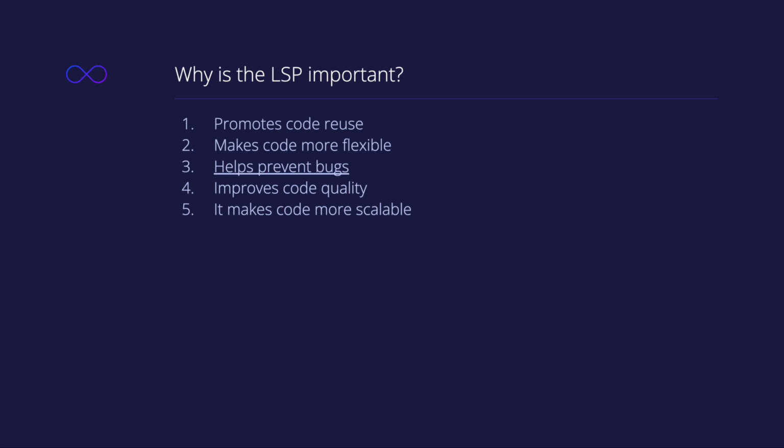It helps prevent bugs and errors, by ensuring that code behaves predictably and consistently across different classes and subclasses. It improves code quality, by promoting modular, decoupled code that is easier to test and maintain. It makes code more scalable, by allowing for the creation of complex class hierarchies that can be extended and customized as needed.